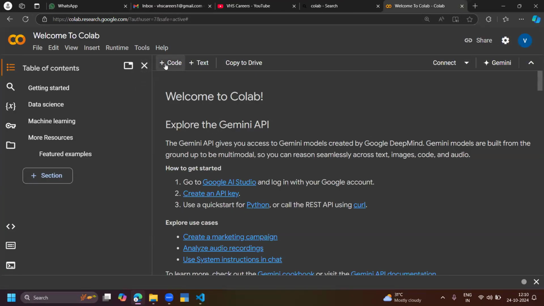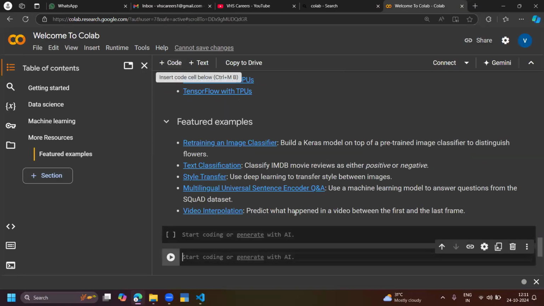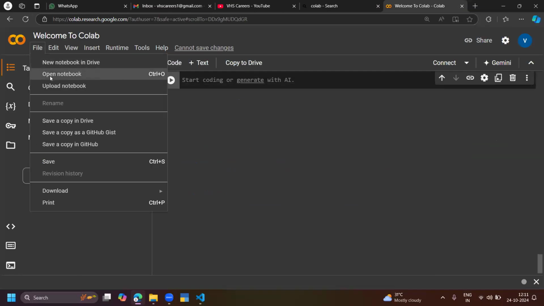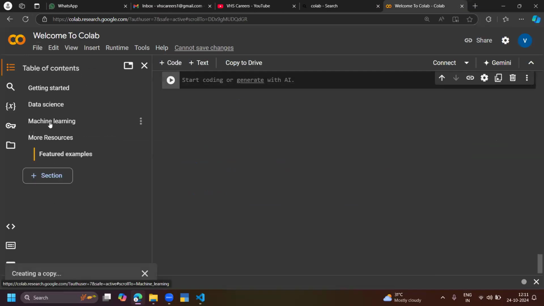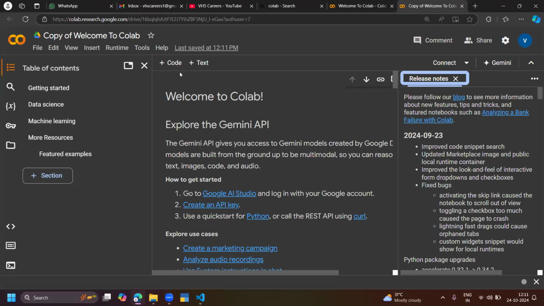Okay, I will create a new code file, save a copy into the drive. It is going to be saved into that particular drive, and I'm creating the new one.